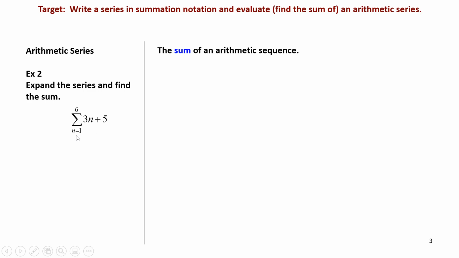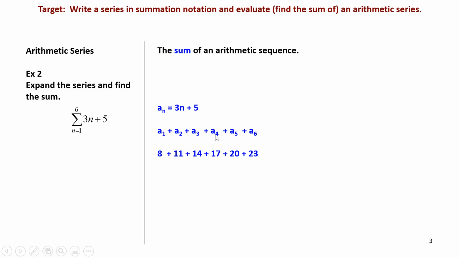So I would start off by plugging 1 into here. 3 times 1 is 3, plus 5 is 8. I would do 2, and then 3 all the way up to 6. So that's essentially my explicit formula that we're seeing here. And so I would do a sub 1 plus a sub 2. If we plug each one of those in like I just did for 1, we would get these 6 terms here.